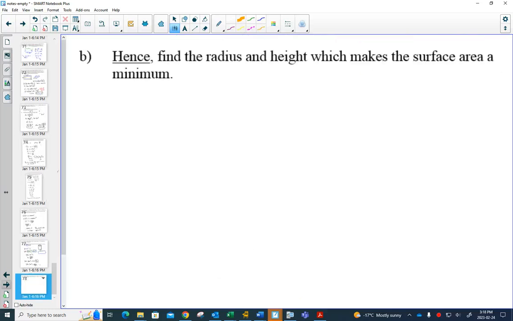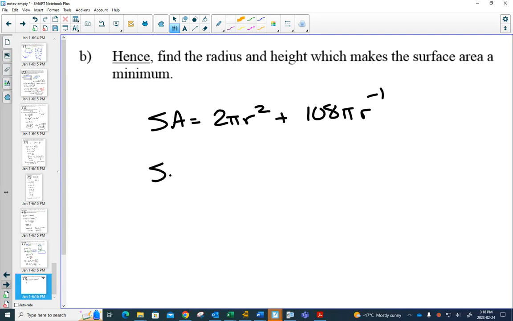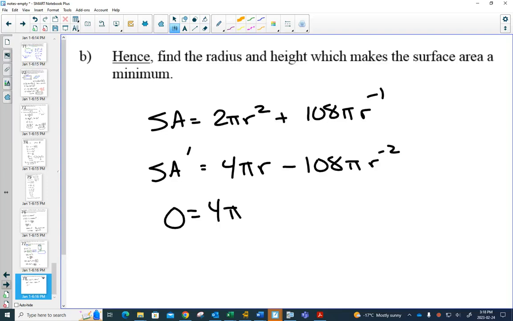So when we get to part B, I'm going to rewrite that r to the minus 1. I'm going to find my derivative. Set my derivative equal to 0.